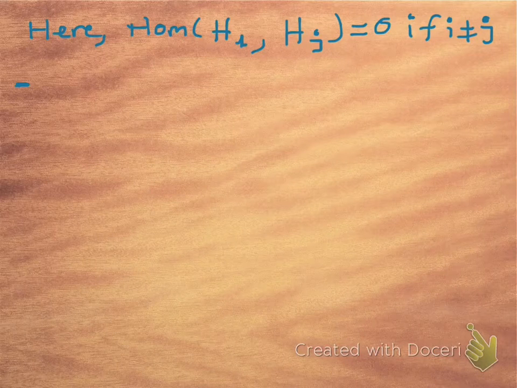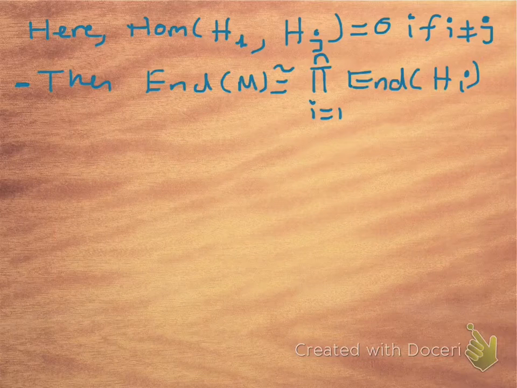Okay. So what happens if that is the case? What happens if these Hom groups are 0 once the indices are different? Well, in terms of the endomorphism ring, things become a little easier. So the endomorphism ring of M will be ring isomorphic to the direct product of the rings of endomorphisms of Hi's.